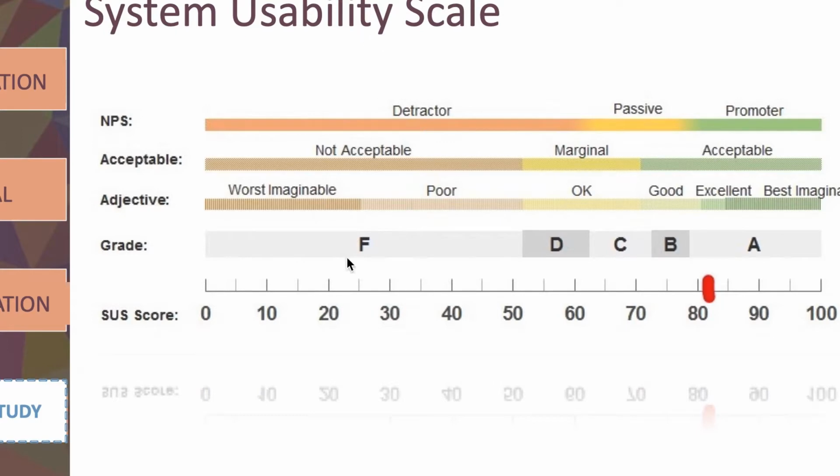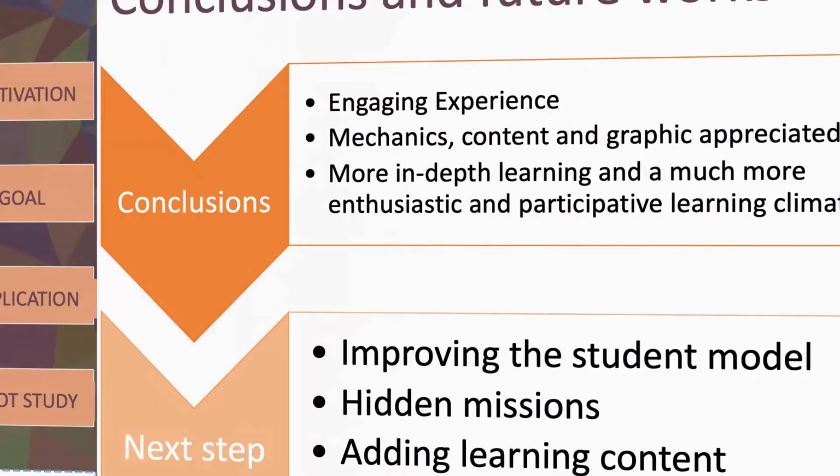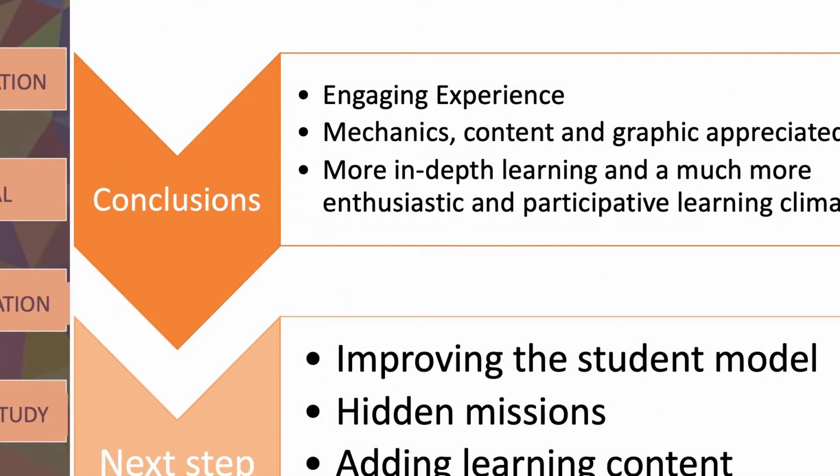For the system usability scale, we registered an excellent score. So concluding, the experience was engaging. The mechanics, content, and graphics were appreciated, and the teacher stated that they registered a much more enthusiastic and participative learning climate during the learning activity.